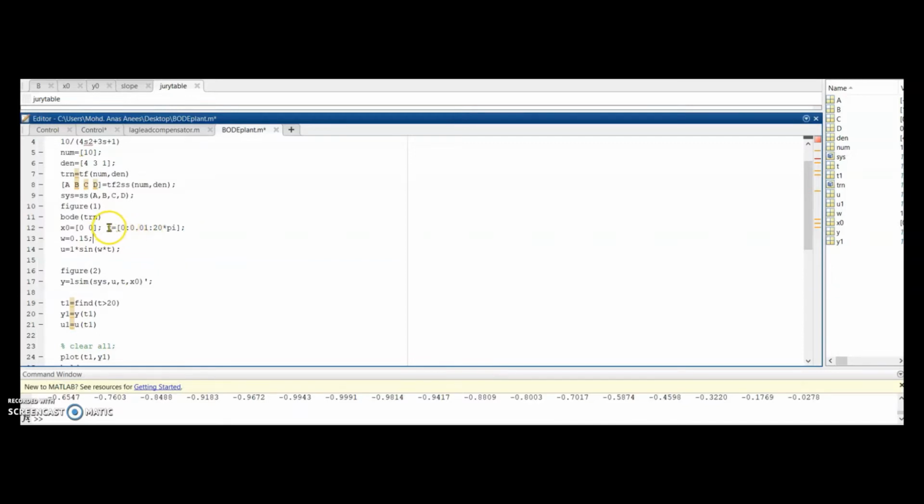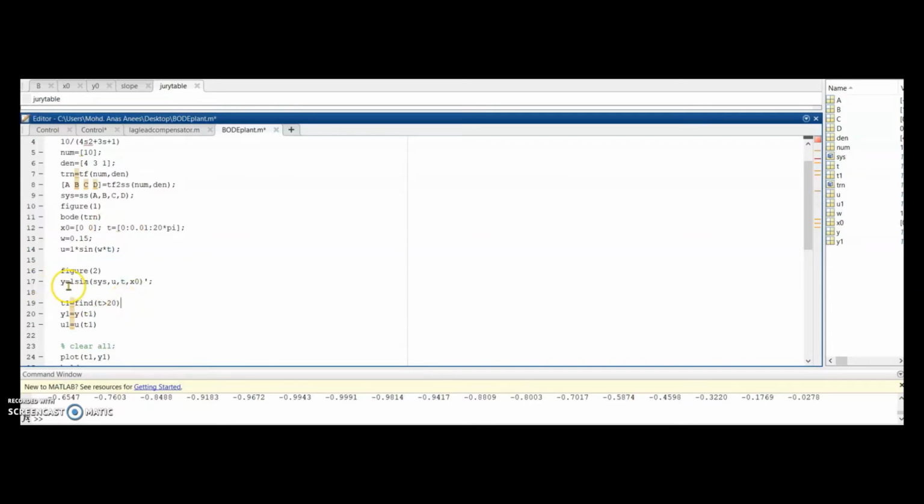So the time goes like this: 0, 0.01, 0.02, 0.03 up to 20 pi. Then we are starting with some input frequency, omega 1 equal to 0.15. Now input is 1 magnitude into sine omega t, where omega is the frequency and t is this time.